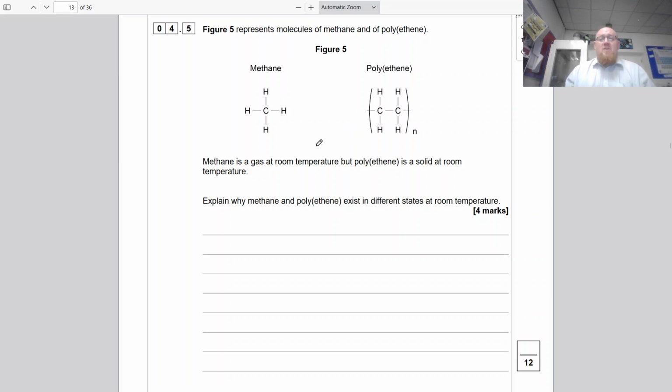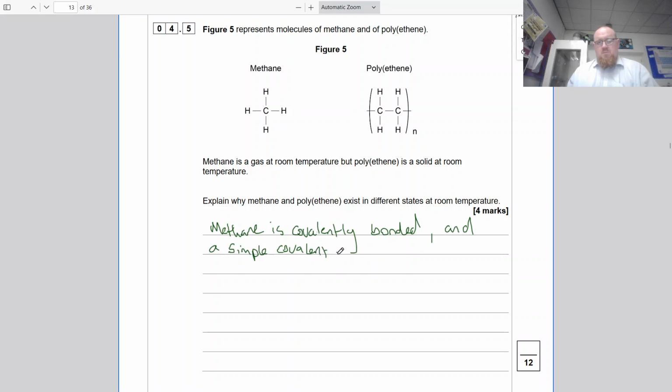Now, the first thing to look at with this, methane has 2 non-metals in it, C and H. So that is covalently bonded, and is a simple covalent molecule.